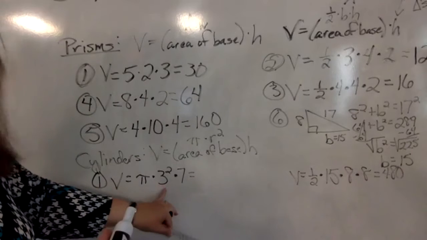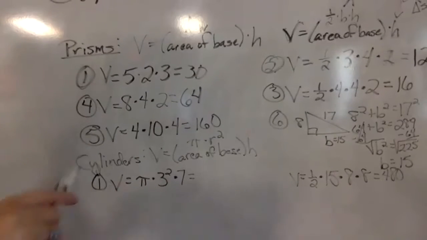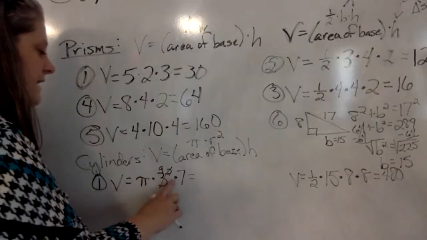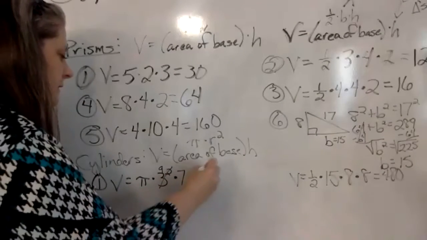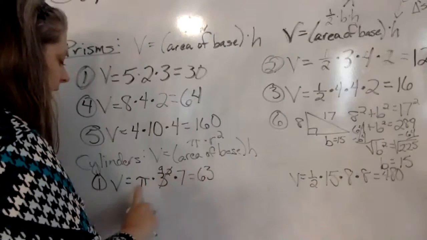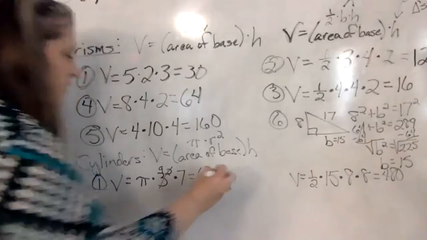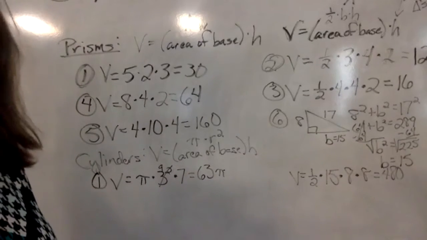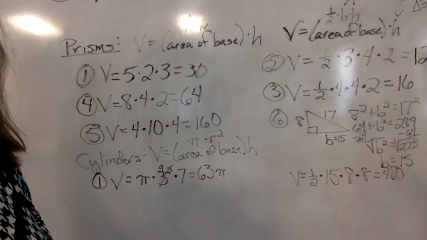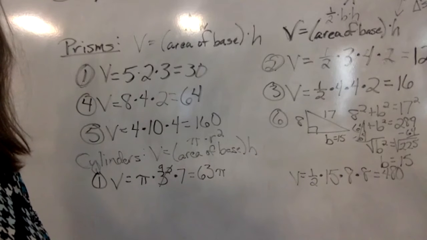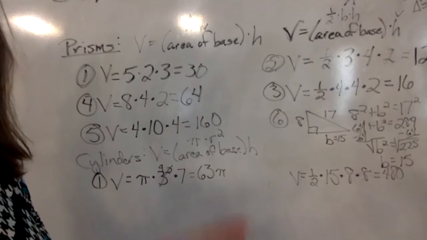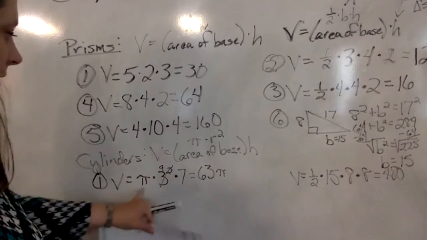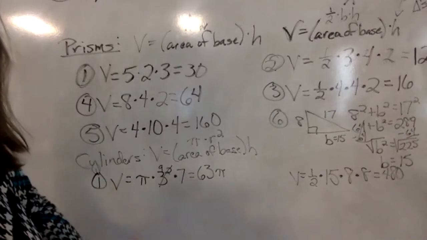So 3 squared is 9. So 9 times 7 is 63. And then you just put pi on your answer. Do not multiply by 3.14. Leave pi on your answer. So it's just 63 pi.